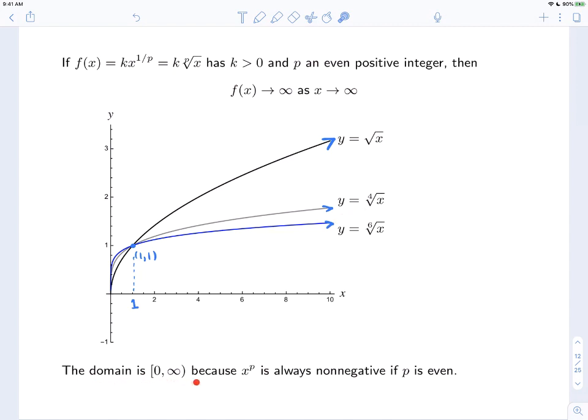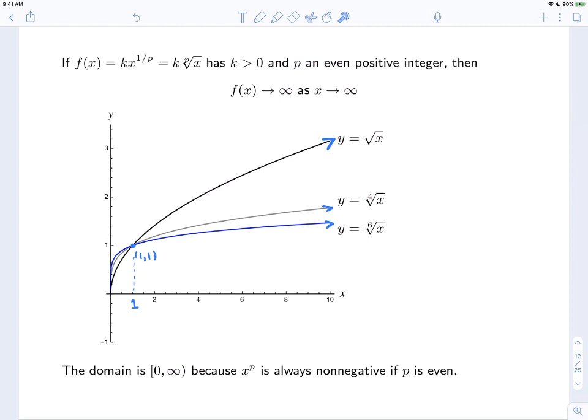Now notice the domain here is the set from 0 to infinity. That's because x to the p is always non-negative if p is even. So x to the p is the inverse of the pth root. So that means since this range is always non-negative, the inverse, which is the pth root, will have domain non-negative numbers.